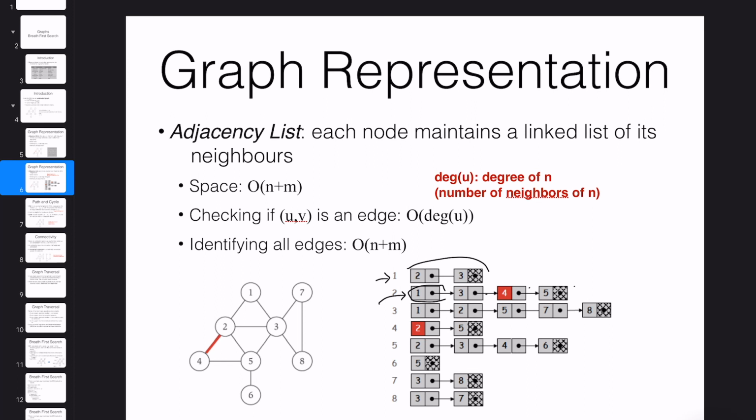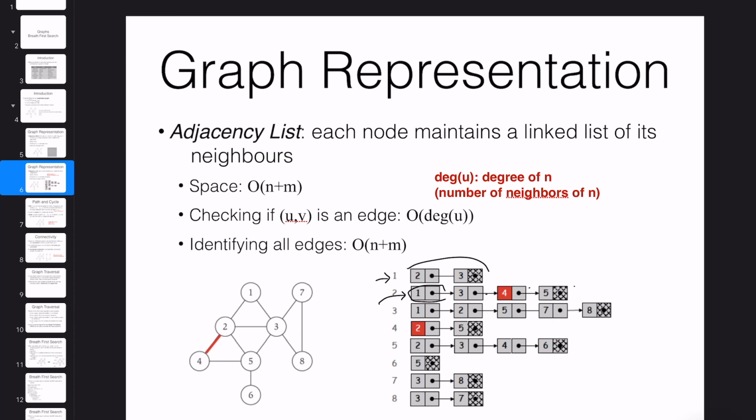For example, here we are looking for 4. So the time complexity of checking each edge is going to depend on the length of the linked list, where the length of each linked list is going to be the degree of that node.